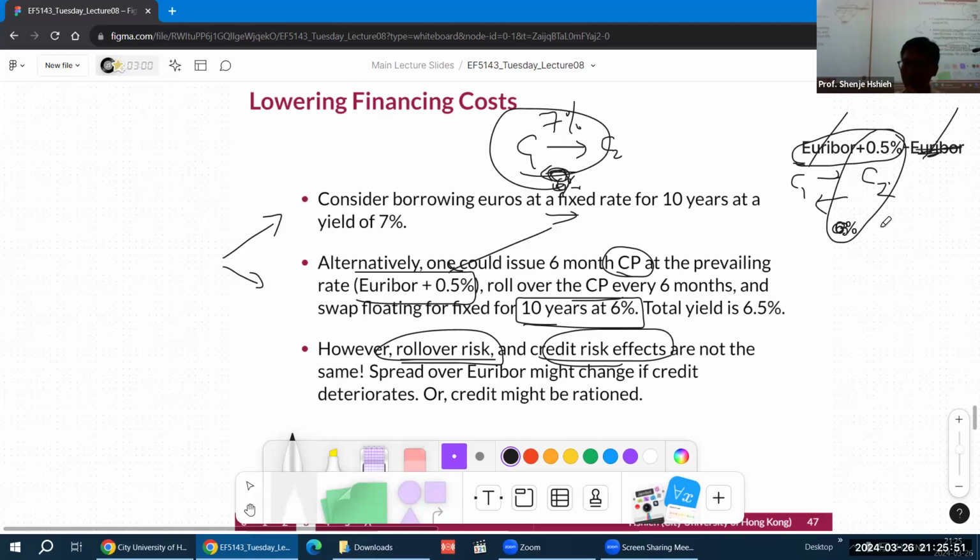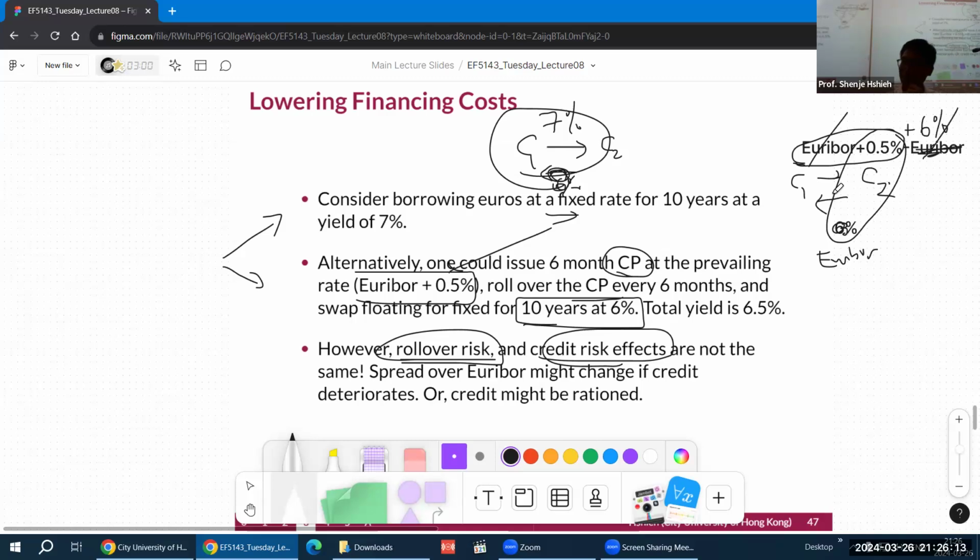It should be this. It should be you're receiving Euribor, but you're paying this out. You have to pay out more now, right? 6%. Yeah, so that's a swap.